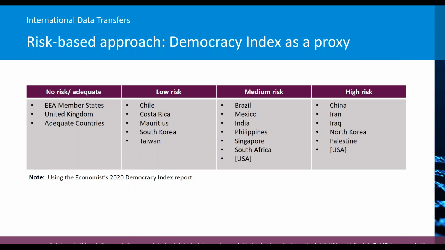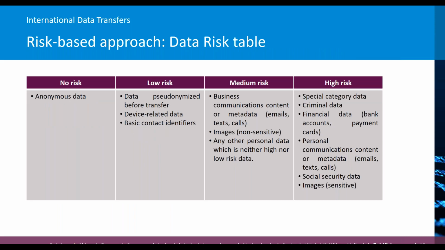So you analyze the risk of a country, and you analyze the risk of data in this more risk-based approach, which I'm illustrating. Anonymous data, clearly no risk. Data which might be pseudonymized, device-related data, email addresses, basic contact identifiers, low risk. And at the other end of the spectrum, special category data, of course, that's going to be high risk, we'll say a regulator.